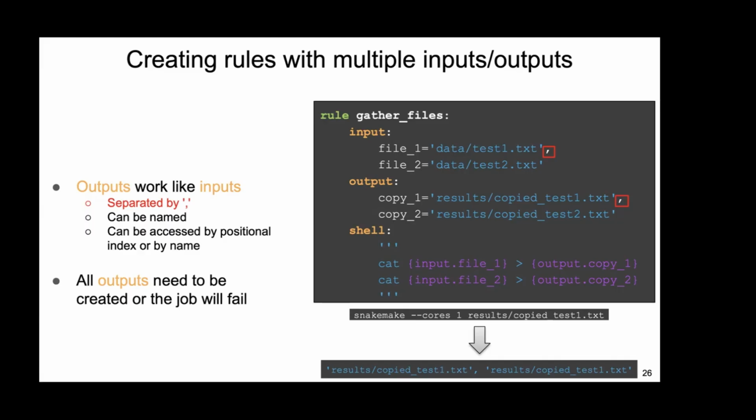And that's, as Antonin mentioned at the beginning, because one of the, let's say, criteria for Snakemake to determine that the job runs successfully is that all of the outputs have been created. So make sure that if you have multiple outputs, those are created, or you will have problems.